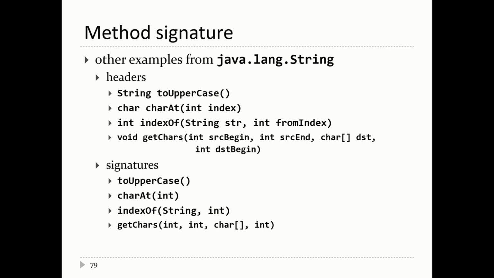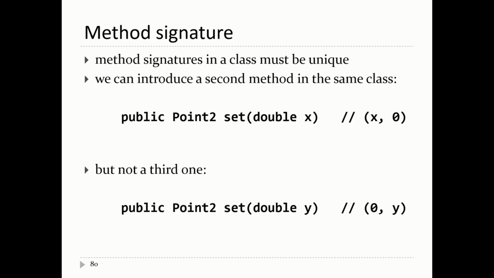Now, what's the signature used for in Java? The rule in Java is that for the methods in your class, the signatures must be unique. The names don't have to be unique, but the signatures have to be unique. So I've got a method called set in the class already. Its signature is set double double. That means I'm allowed to add another method called set as long as its parameter list is not double double.